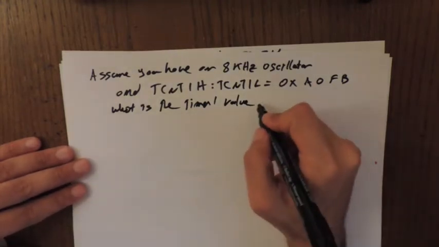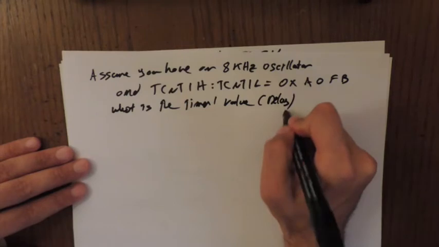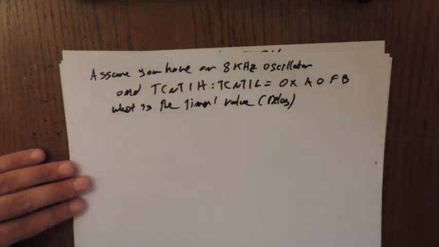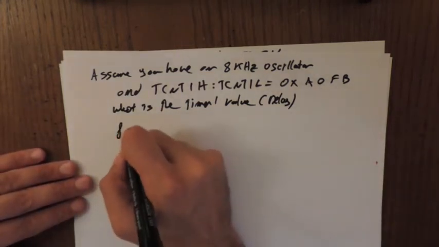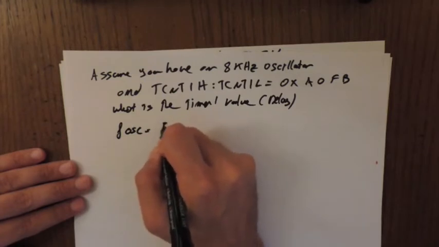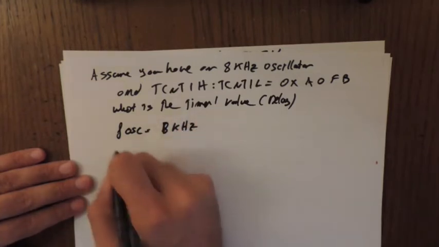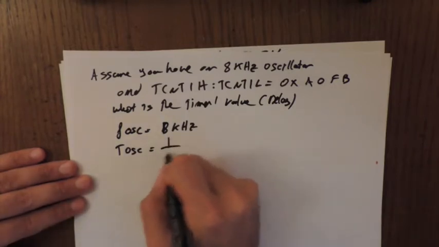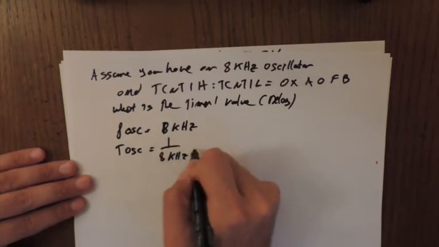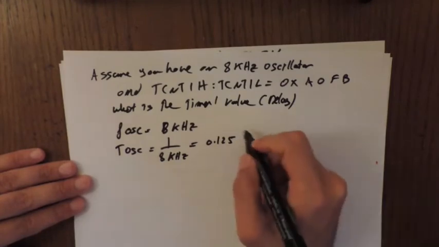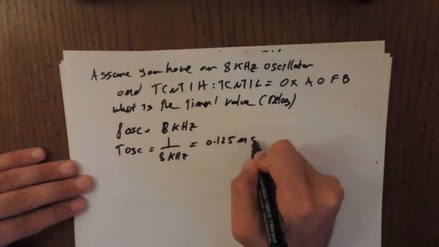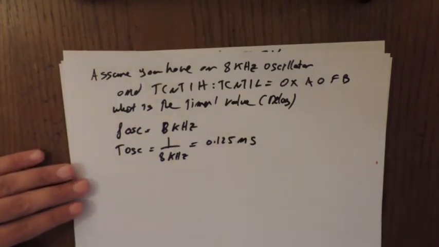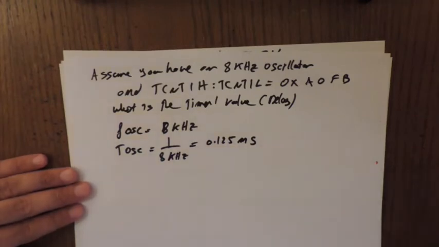So first, I have f oscillator equal to 8 kilohertz. This means the period of one oscillator is 1 over 8 kilohertz, which is equal to 0.125 milliseconds. Since it's kilohertz, it goes to milliseconds.